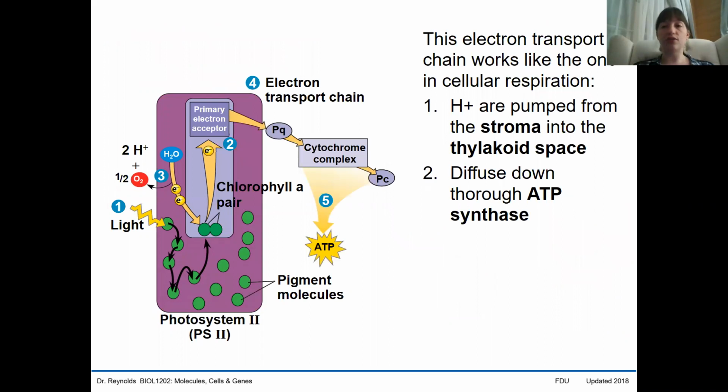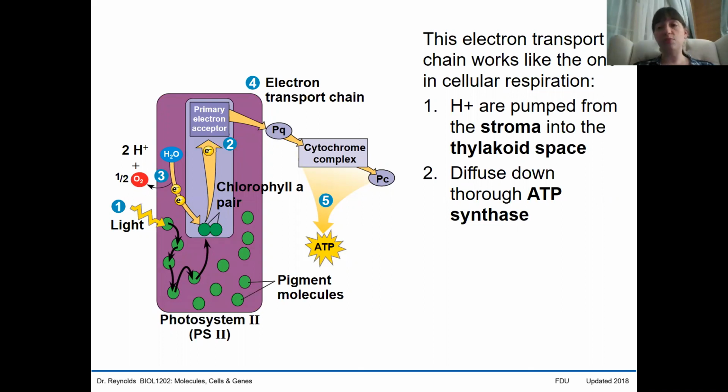Once those electrons are donated to a primary electron acceptor in photosystem 2, they're given to an electron transport chain, which pumps protons and donates those electrons later down the system. This electron transport chain creates a proton motive force, just like you've seen before.